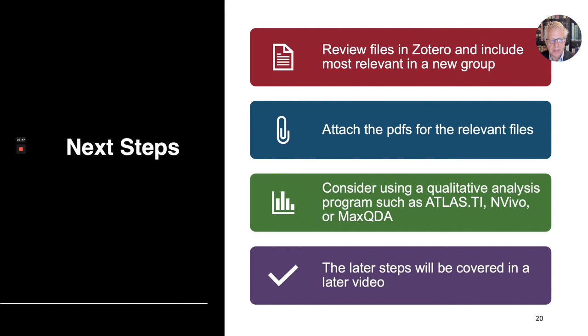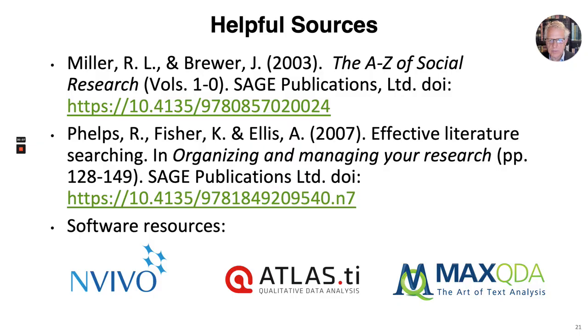In analyzing it in any of these programs, typically you are looking at not only the abstract and the basic information about the article, but the full text of the article. And these programs are very useful and complex and functional in that area. We'll cover some of the later steps about how to actually subcode those documents in a subsequent video.